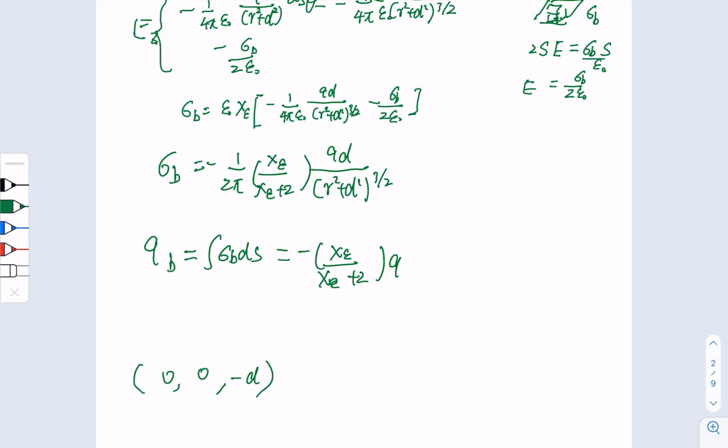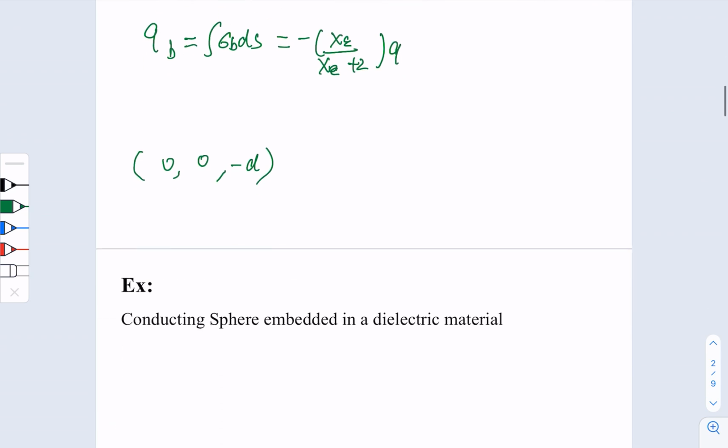If we take the epsilon going to infinity limit, then the image charge should be placed at 0, minus d, and it's very likely that we also need to place the image charge at the same location.